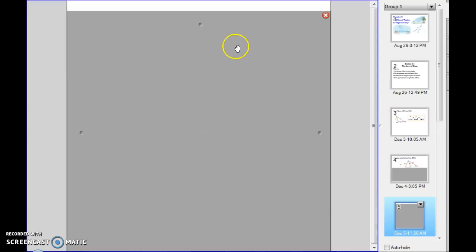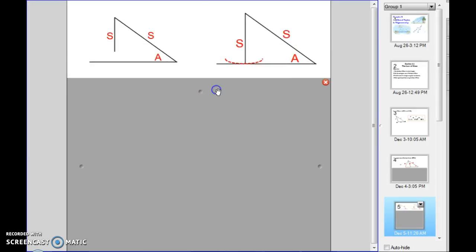In fact, there's a lot of different things that could happen when you know side side angle. For example, if I gave you this angle, this side, and this side, well, this side isn't even long enough to reach this side. So in this case, there's no triangles that could be made. In this case here, I've got this angle, this side, and this side is just long enough to reach that side.